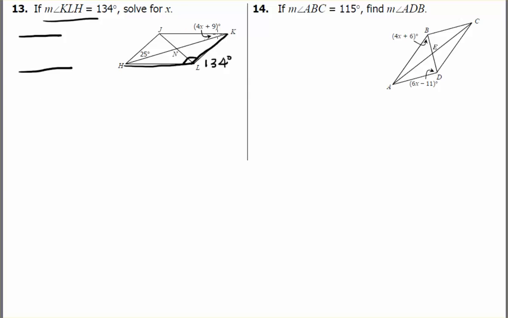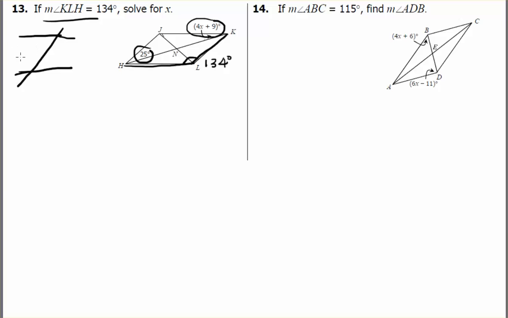Well, if I redraw this with the top and the bottom of my parallelogram, I'm going to draw the transversal that uses the diagonal HK, because that one is what those two angles touch. So if I used JL as a transversal, that's not really going to help me because it doesn't use this expression or this angle measurement.